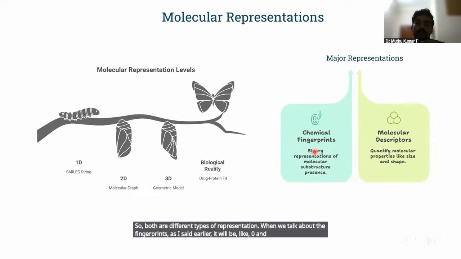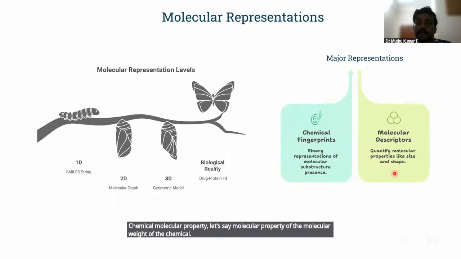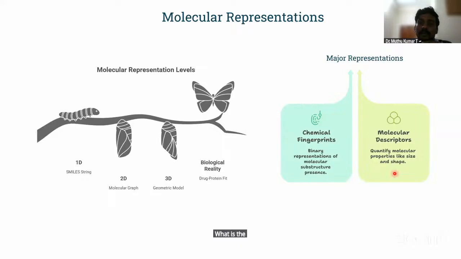Apart from that, molecular descriptors are nothing but chemical molecular properties, such as the molecular weight of the chemical, how many hydrogen bond acceptors, how many hydrogen bond donors, or what the lipophilicity value or toxicity value is. These kinds of properties can be represented in the form of molecular descriptors.